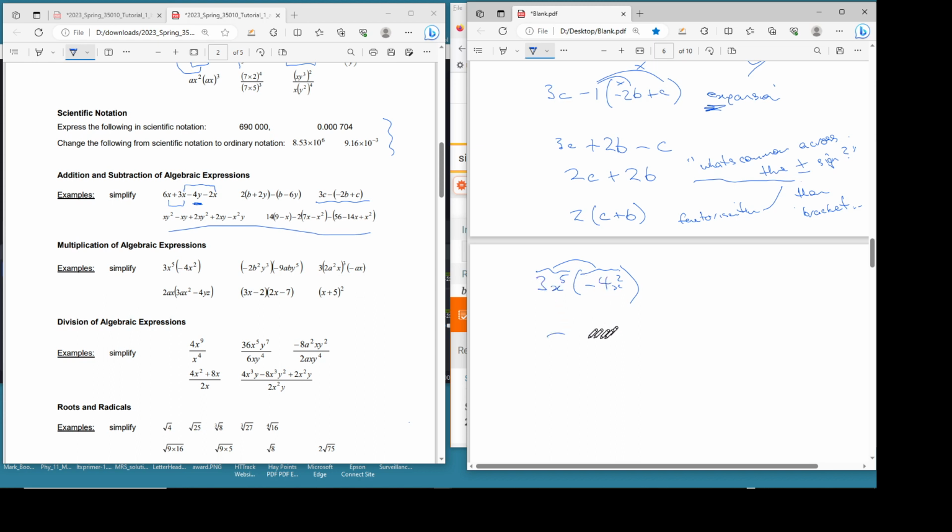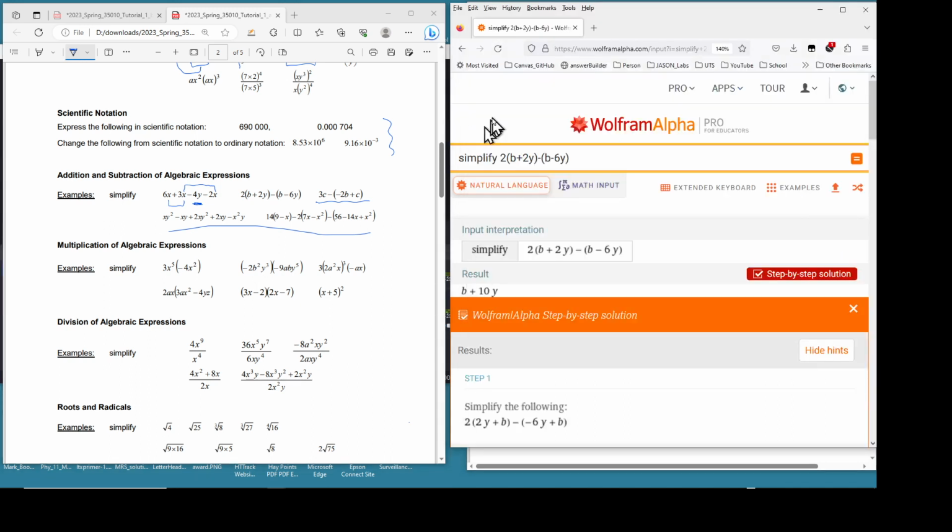The 3 times the 4 is giving a 12. And the x^5 times the x^2. So what's the x^5 times the x^2 mean? What do we do with the indices? We add them. x^7. Okay, so use your Wolfram to check if you're not sure.